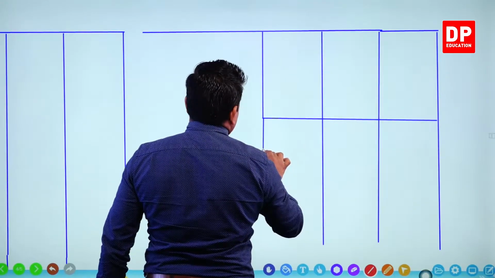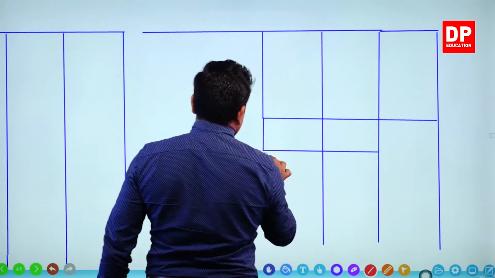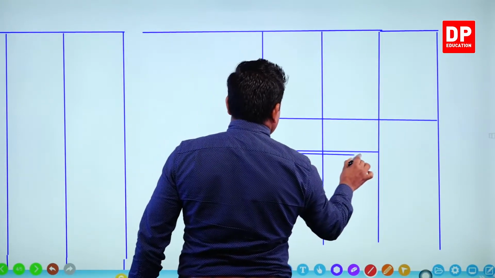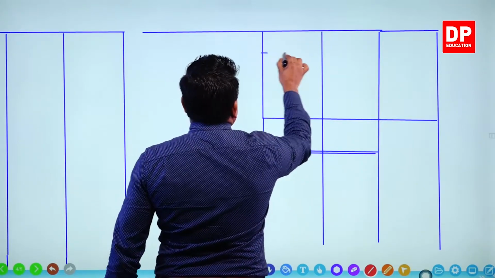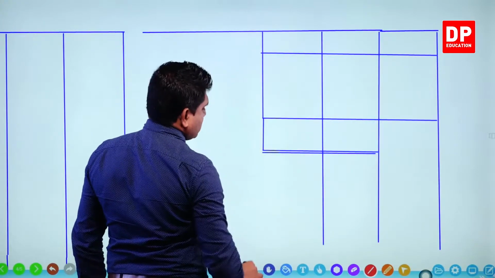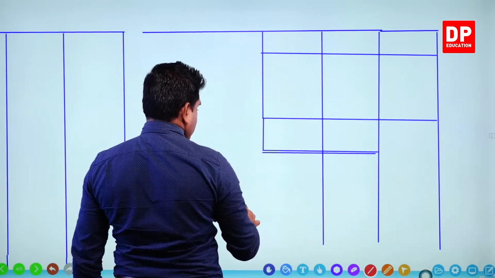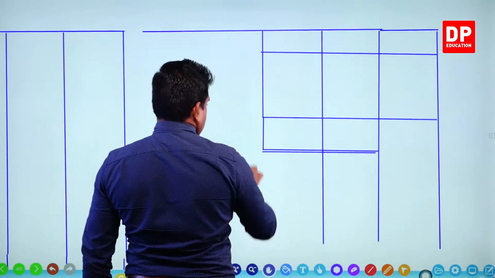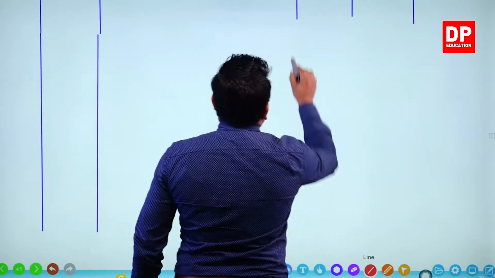Why? Here we record only non-current assets. Finally we can get the total of the non-current assets, so we need only this column, only this area, right? Now we can expand to down.